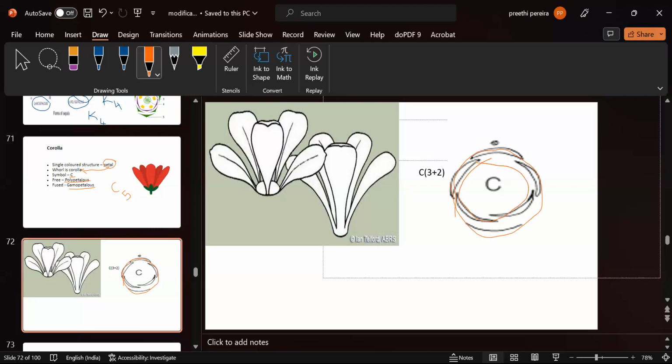Can you make out that? This 3 is one whorl and this 2 is another whorl. They are not joined to each other, no? So it should be like, outer whorl is having 3 and inner whorl is having 2. This is how they are mentioned.